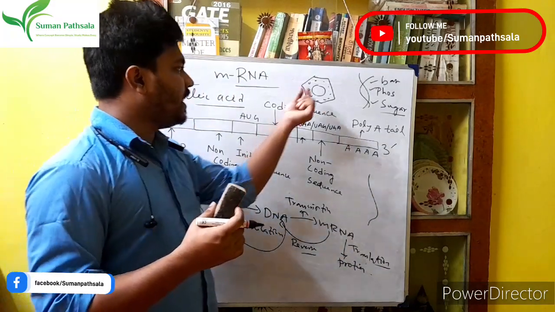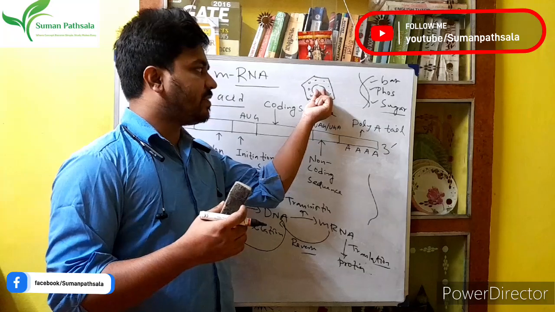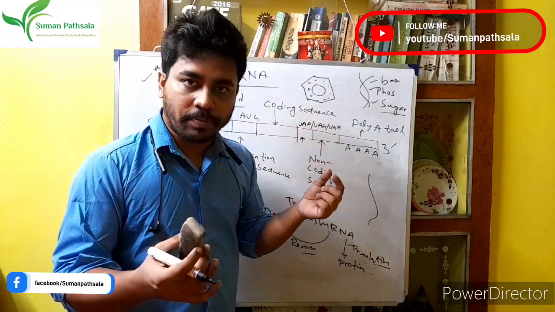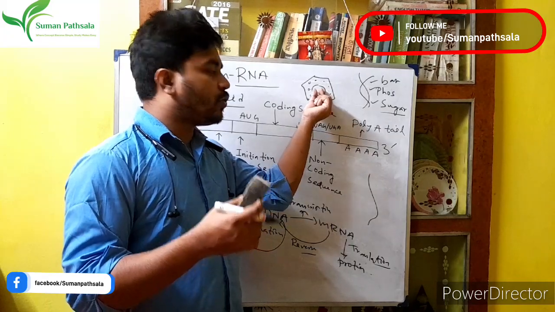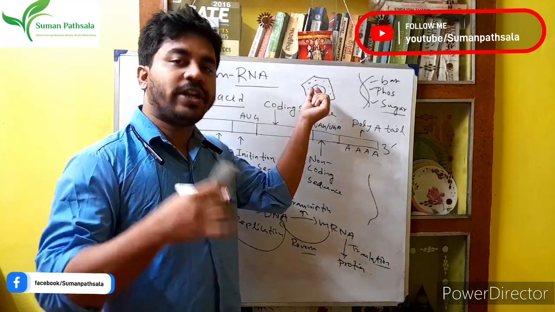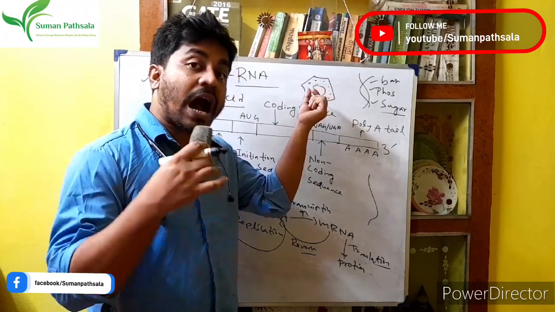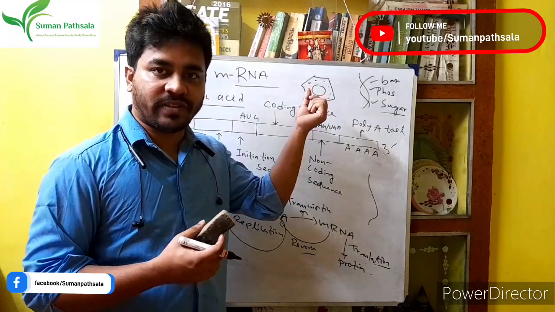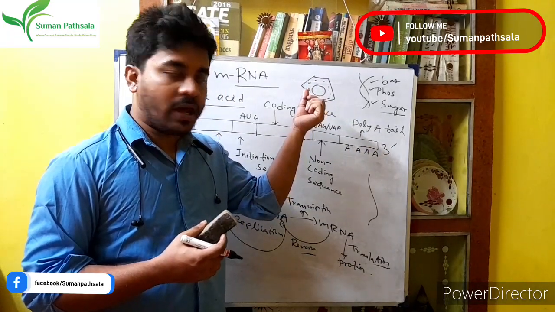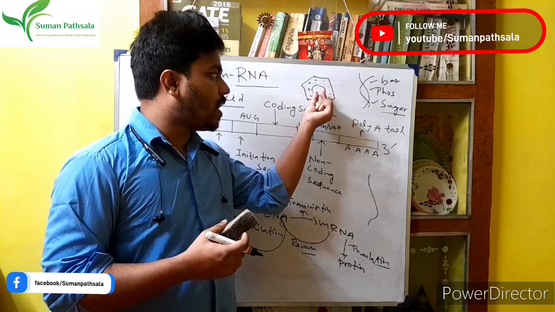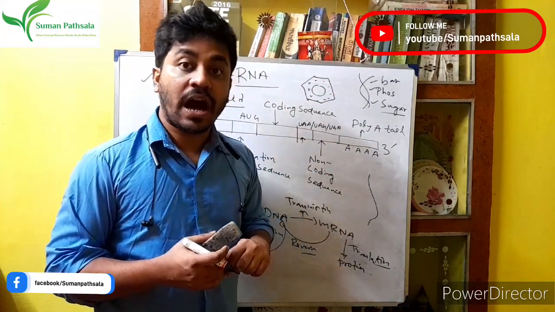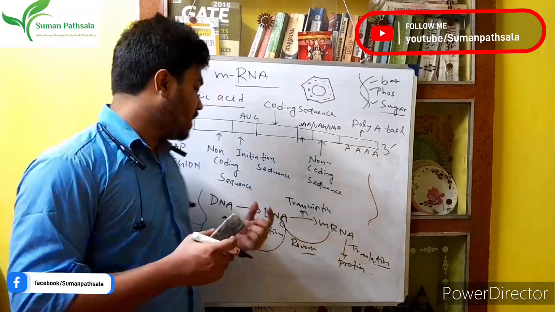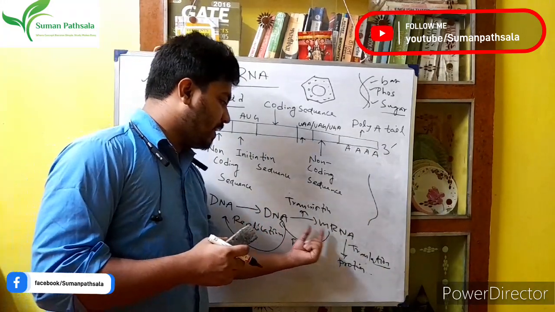When the DNA is copied, it also carries the information to the next cell. So how is the information transferred from one cell to another cell? It is done through the RNA.